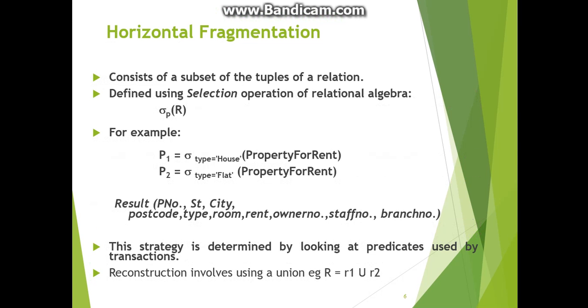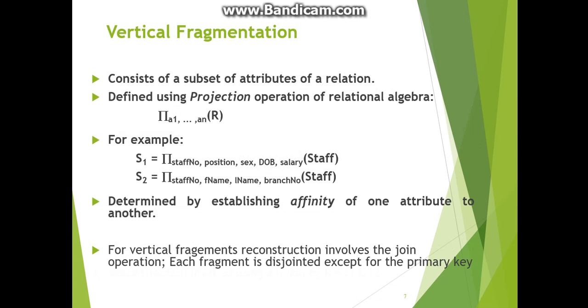In our language, horizontal fragmentation is the horizontal subset of a relation which contains those tuples which satisfy selection conditions, specified in the select operation of relational algebra. This strategy is determined by looking at the predicates used by the transaction. To reconstruct, we can perform R1 union R2.